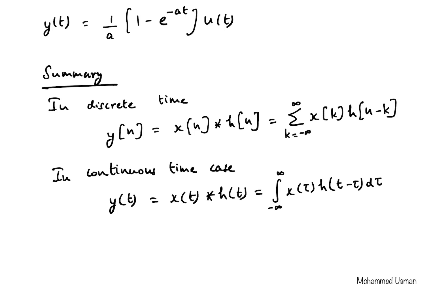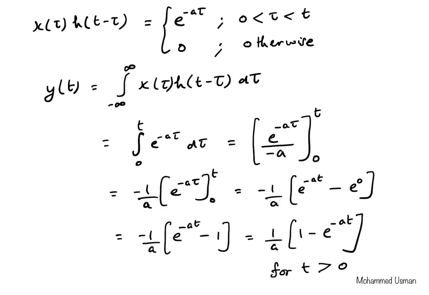So we have seen how to perform convolution, and given the impulse response of a system, how to use convolution to find the response of the system to any arbitrary input signal. We have seen both of these in this lecture, and in the process you have seen how to perform convolution in continuous time.